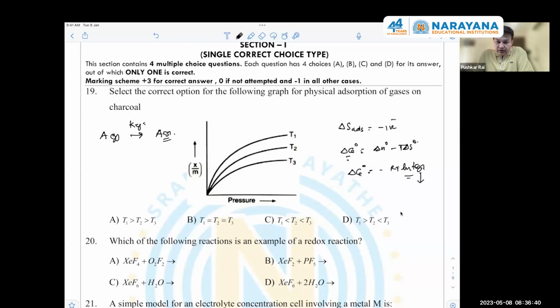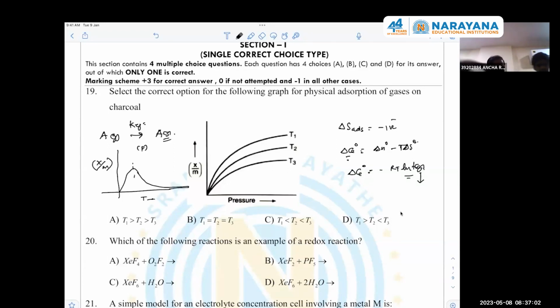But this is physical adsorption. When it comes to chemical adsorption, just recall that the graph, if you take x by m at constant pressure and plot against temperature, first increases, reaches a maximum value, and then decreases.